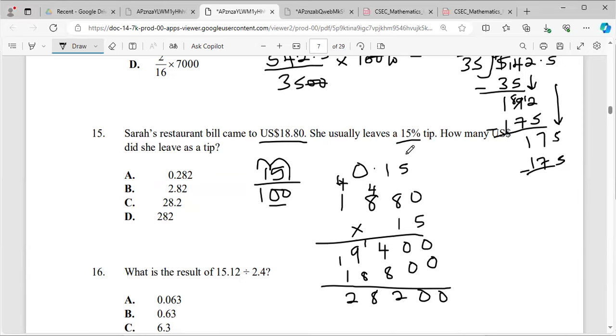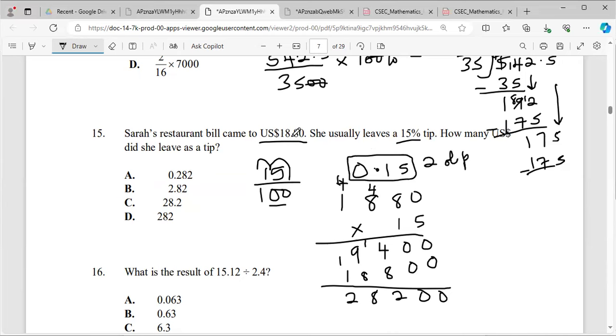Count the number of decimal places that we originally had. So first we multiplied by 0.15. How many decimal places are in 0.15? 2. Thank you. So we have 2 decimal places here.